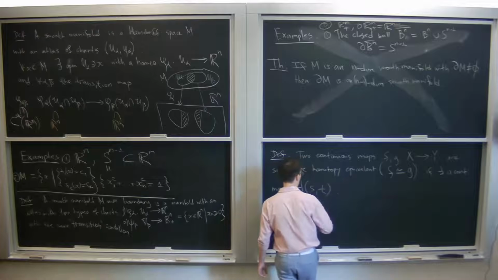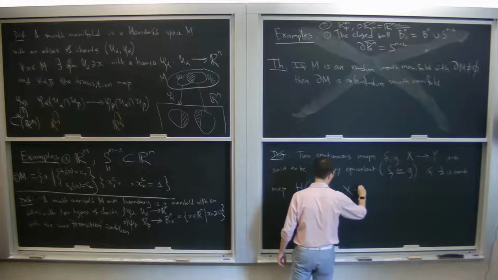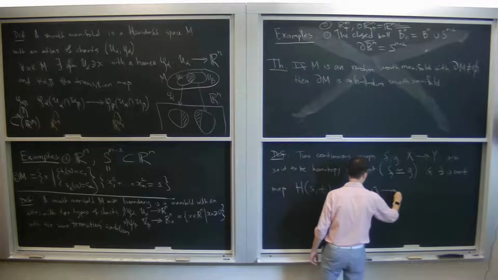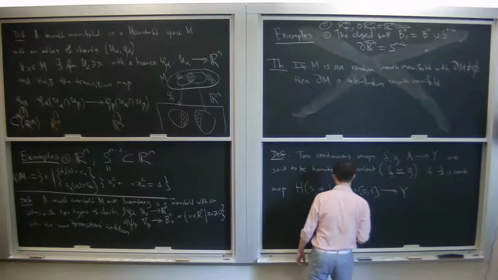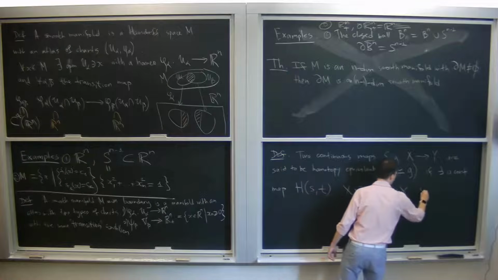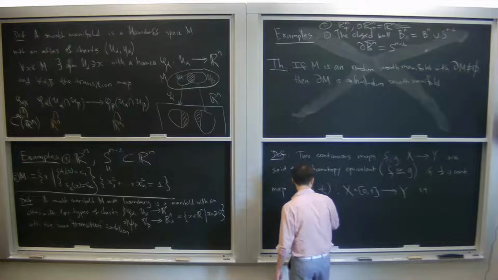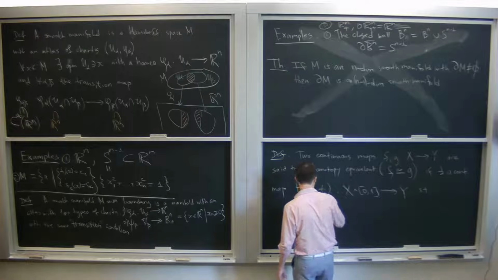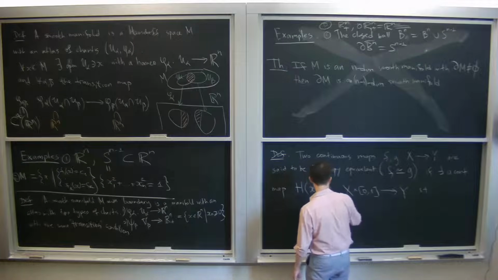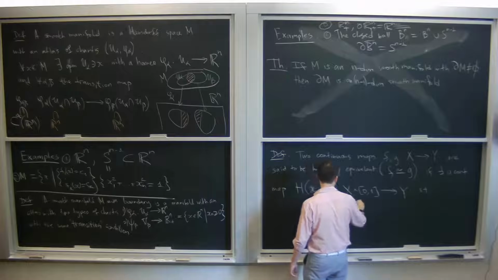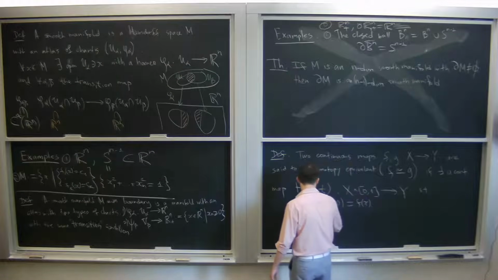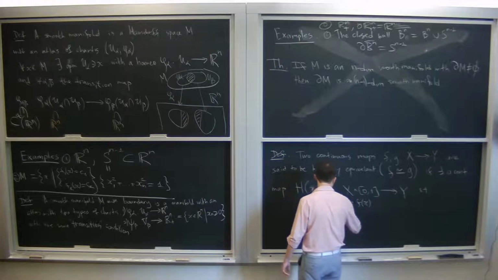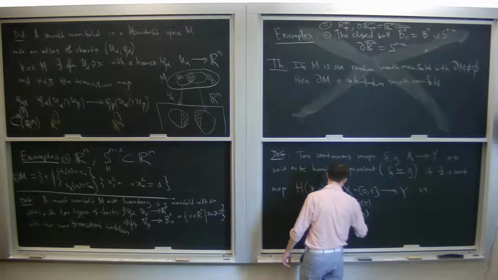So this is a map from X product the segment to Y, so this kind of cylinder, such that H of x, 0 is F of x, and H of x, 1 is G of x.